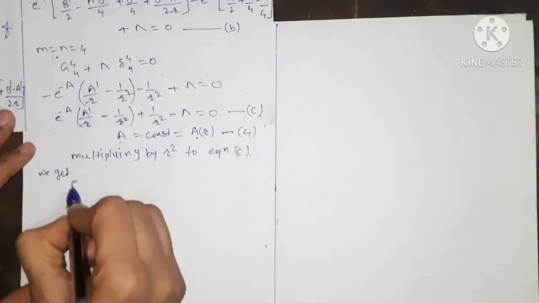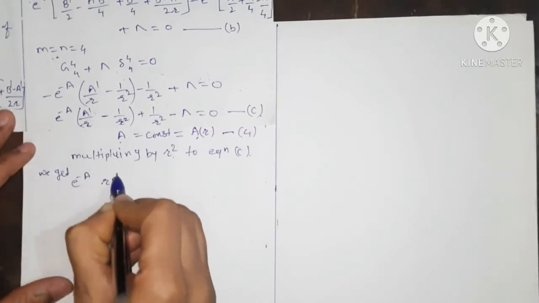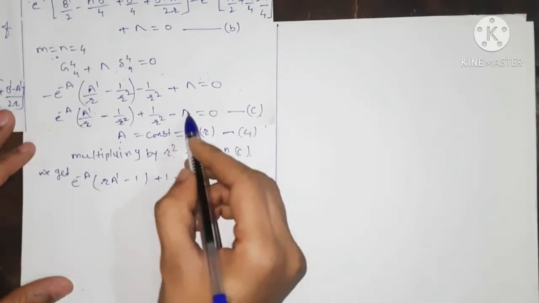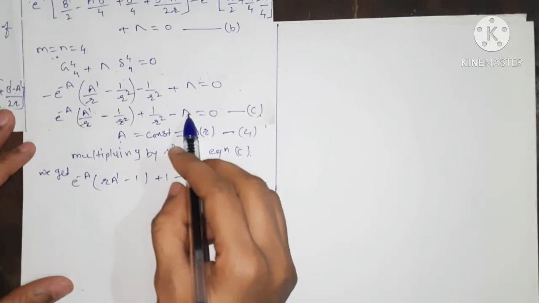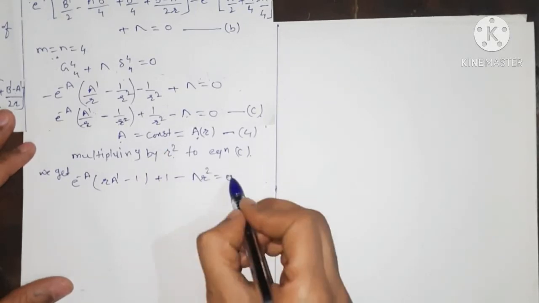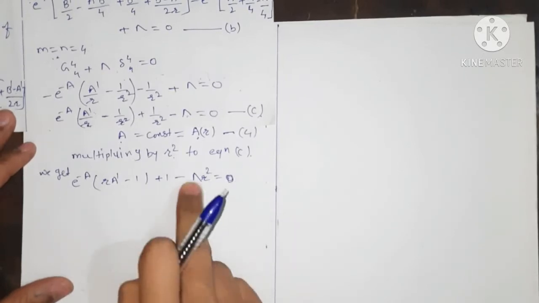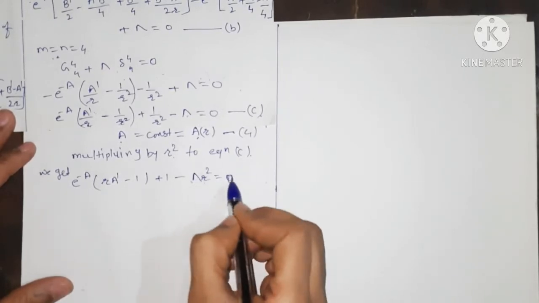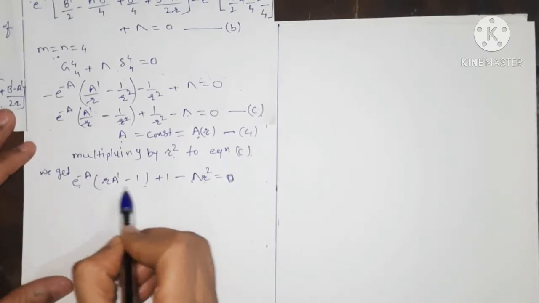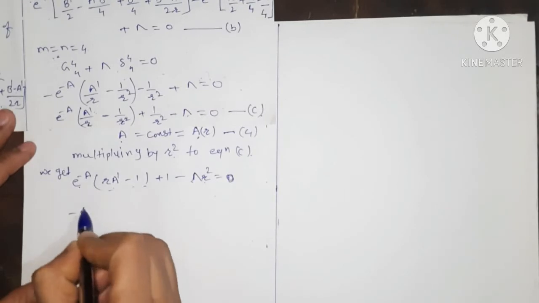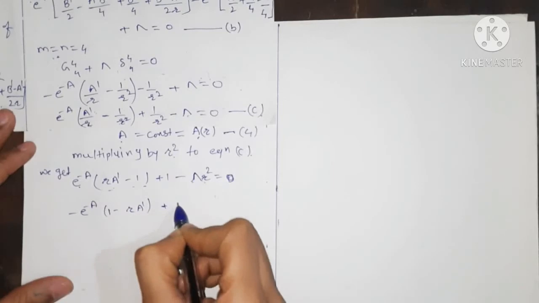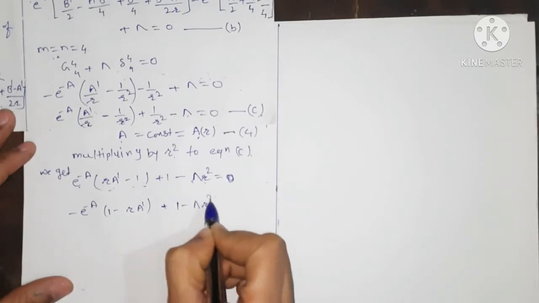So we have e to the power minus a, r into a dash minus 1 plus 1 minus capital lambda, and we multiply here by r square, so it is lambda r square equals to 0. This is a capital lambda. Okay, so lambda into r square equals to 0. Now we can take the minus sign from this bracket common, so it is minus e to the power minus a, 1 minus r into a dash, plus 1 minus capital lambda r square equals to 0.